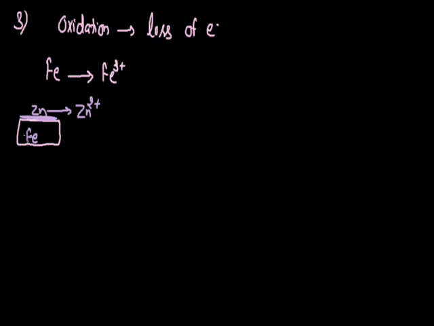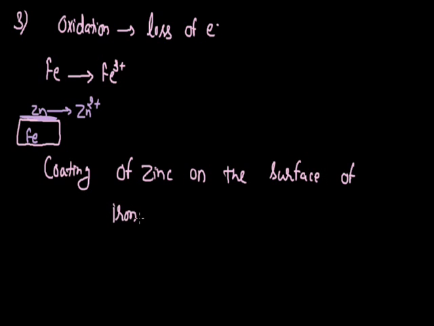That is the process by which we can prevent this iron object from rusting. If we make a coating of zinc on the surface of iron, this process is termed galvanization.